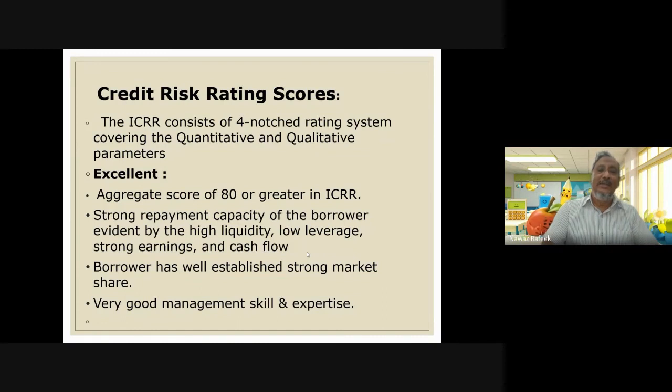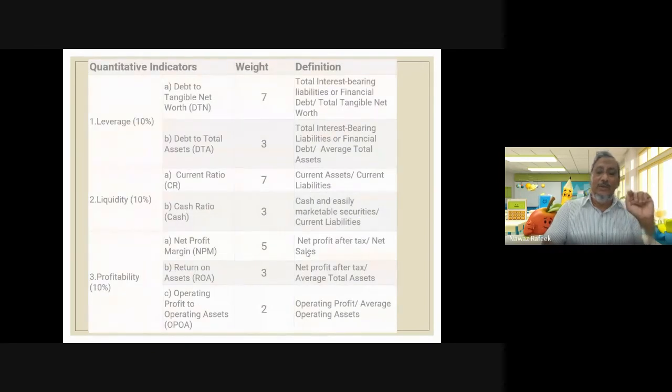Under this rating system, I have downloaded some qualitative indicators showing how the ratings are given. Debt to tangible net worth, that is, debt divided by tangible net worth, has a weightage of 7.